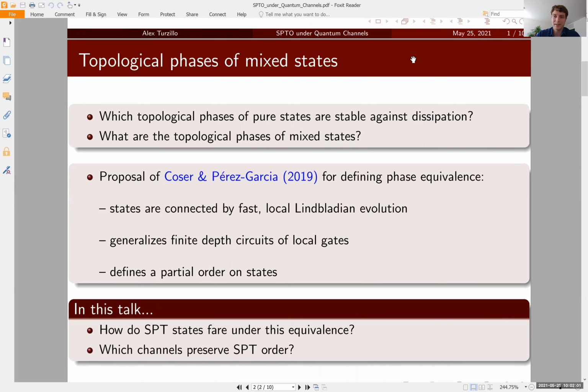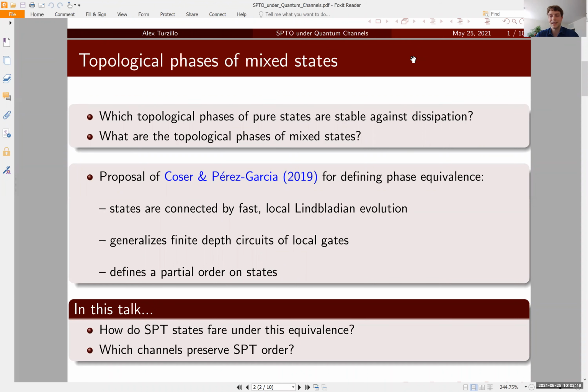What they come up with is to think about states that are related by fast local Lindbladian evolution. Fast here means that the amount of time it takes to drive from one state to another is sublinear in the size of the system.